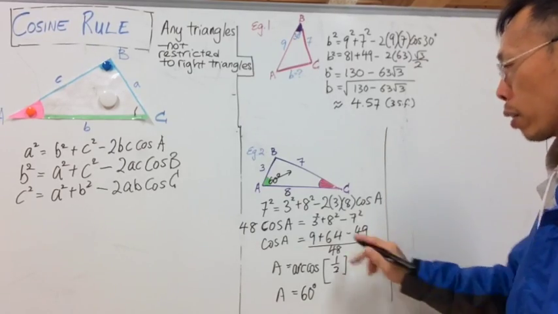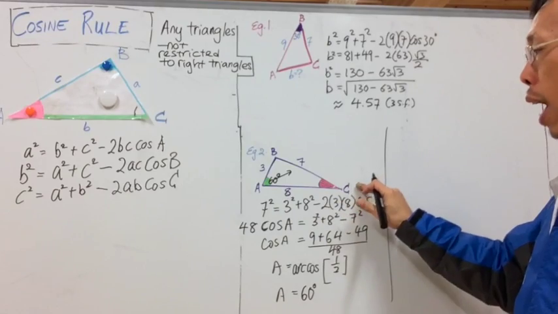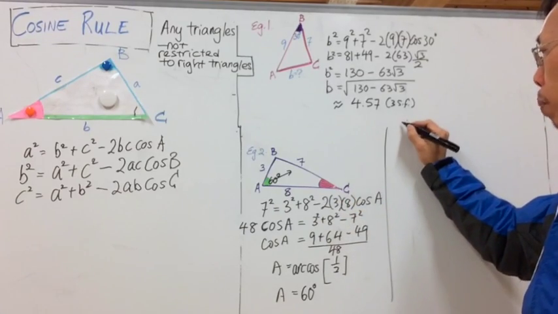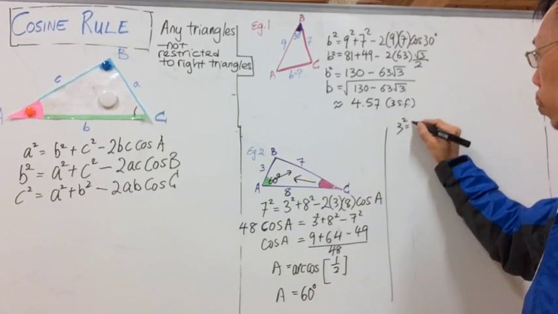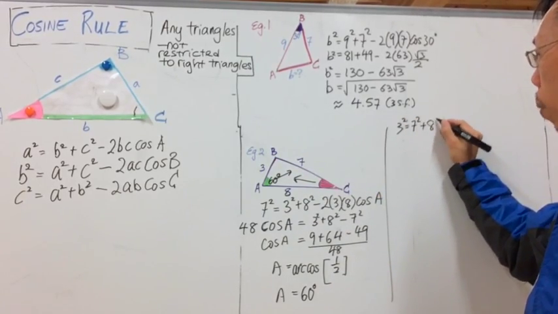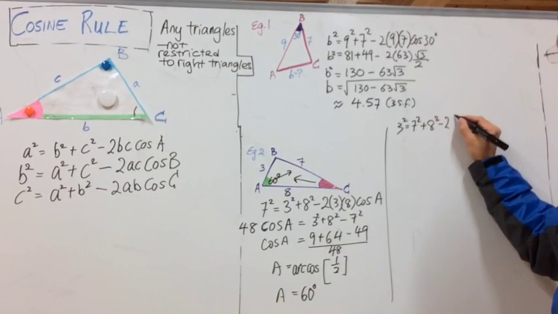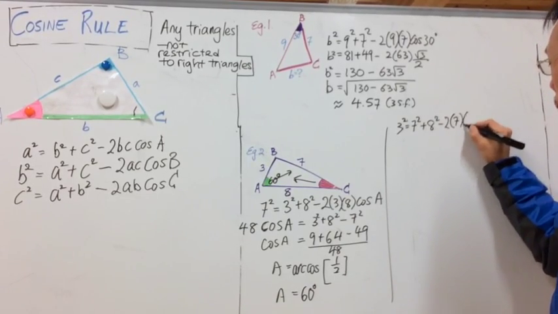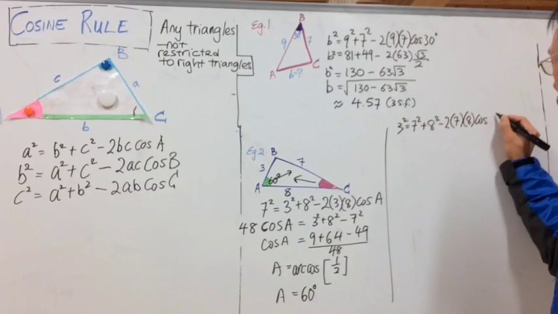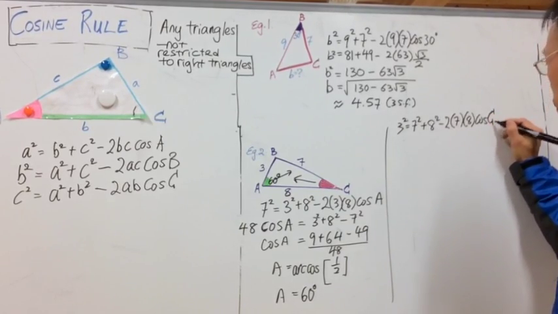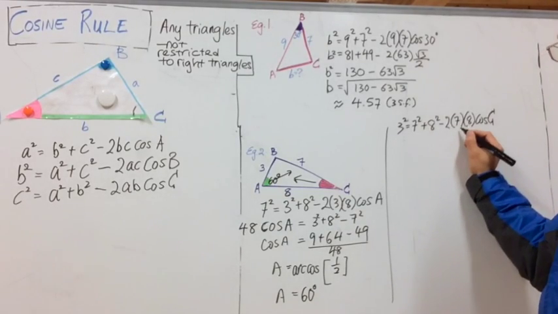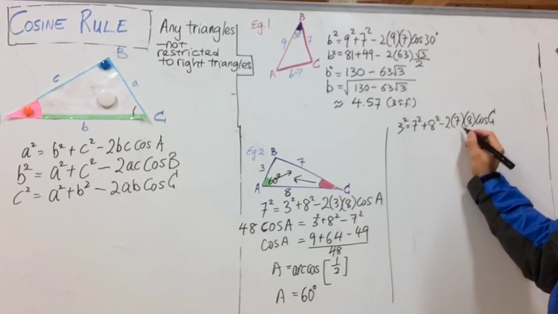So I'm going to practice using this method again to find angle C. So that will be, angle C is opposite 3. So 3 square is equal to 7 square plus 8 square minus 2 times 7 times 8 times cosine capital C.